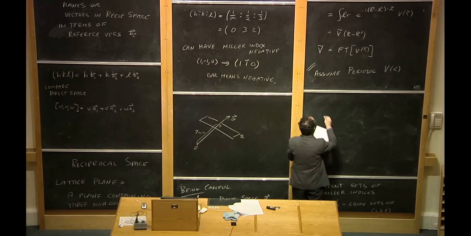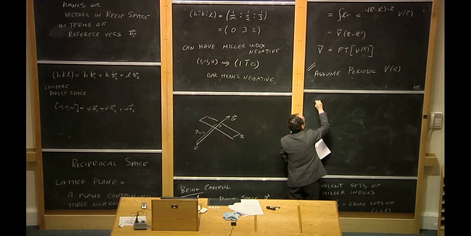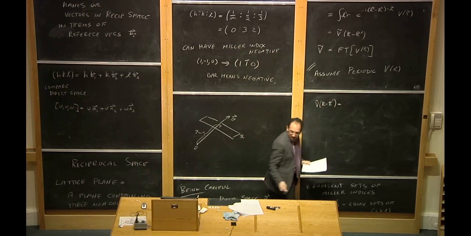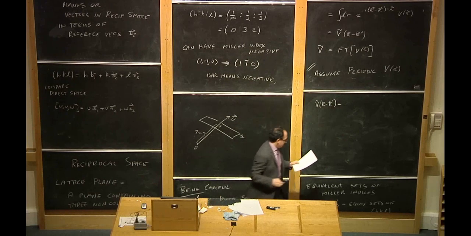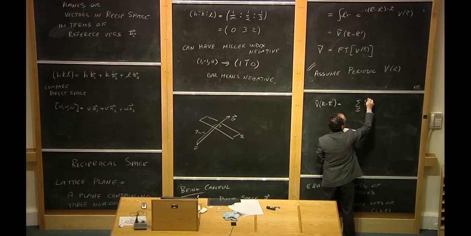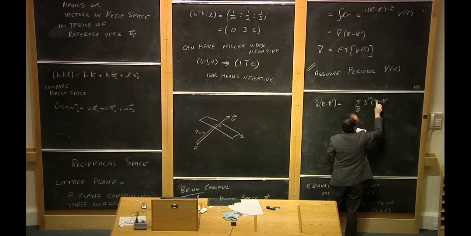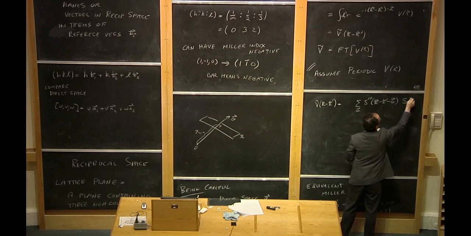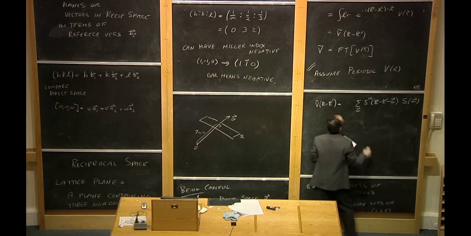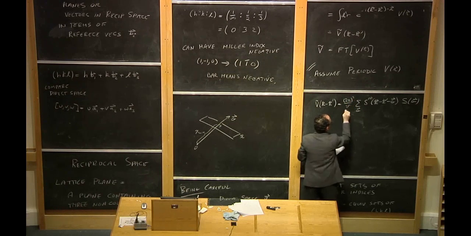And so we can use the law that we derived in the last lecture, that the Fourier transform of a periodic potential, k minus k prime, equals a sum over reciprocal lattice vectors G of a three-dimensional delta function of k minus k prime minus G, times the structure factor of G. There's also a normalization factor, 2 pi cubed over the volume of the unit cell.